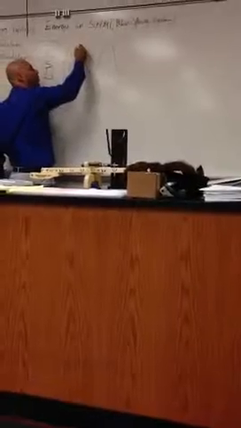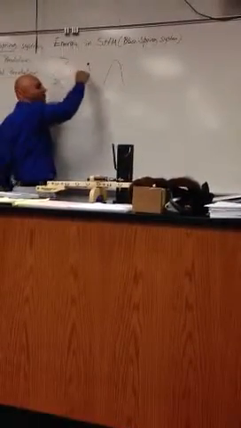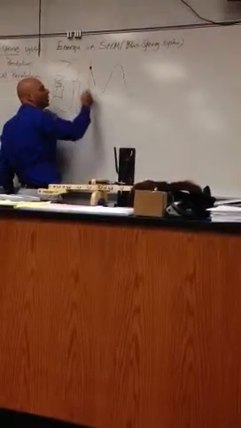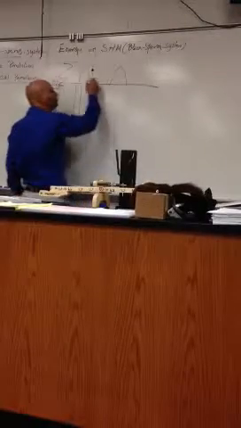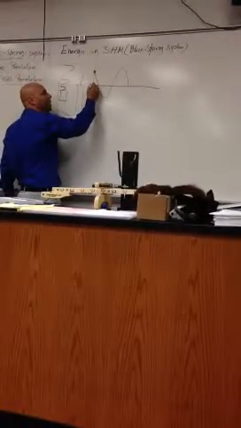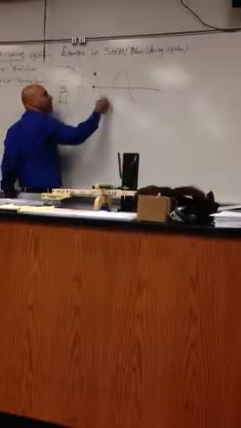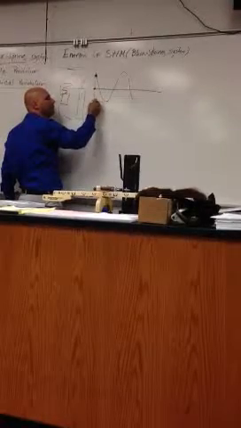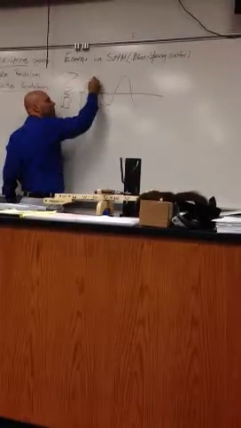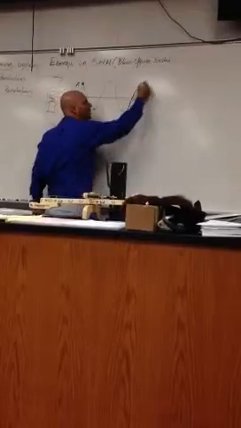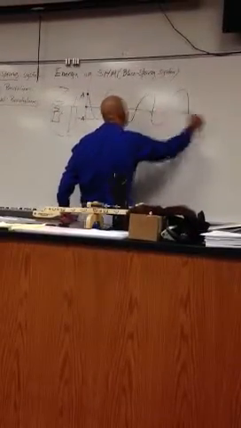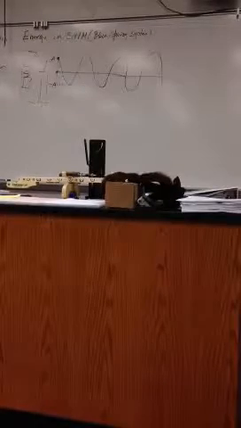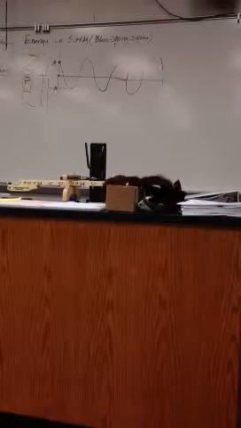If you start recording the motion at the top point, this will be the point of equilibrium. This is the amplitude. This is negative the amplitude. And it will be like this. This is what type of function? Sine or cosine? Well, that's cosine, right?